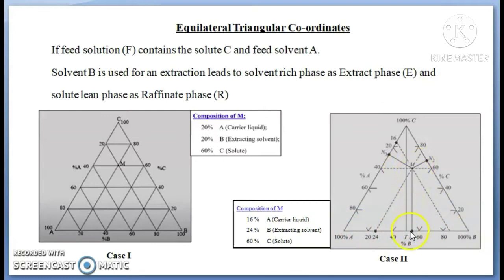This perpendicular distance between the line and the point gives you the percentage of C, which is shown here as 60% solute, 60% C.